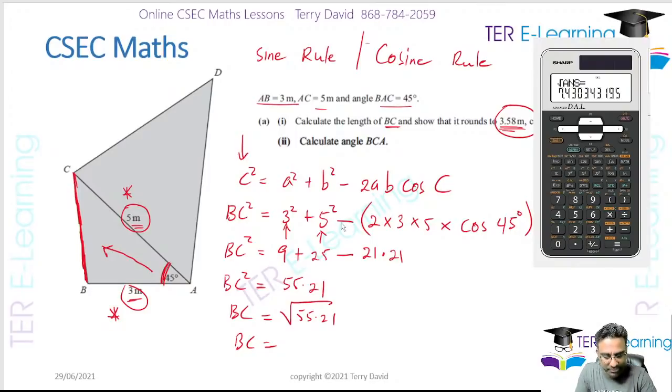3 squared, that's 9, 5 squared is 25. 2 by 3 by 5 by... Okay, so I don't know what I did here, but I made a mistake. Hold on.